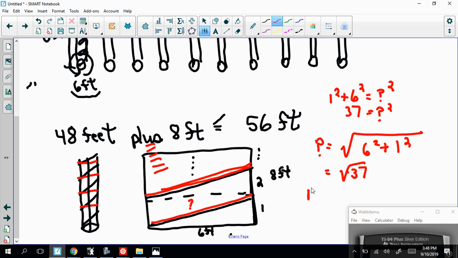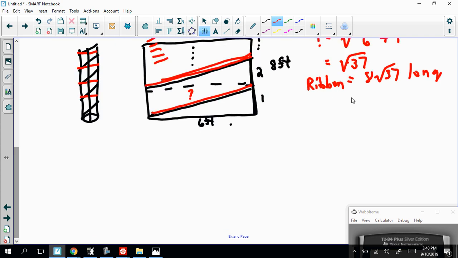So the ribbon is 8 square root of 37 long, which is actually 48.8 feet.